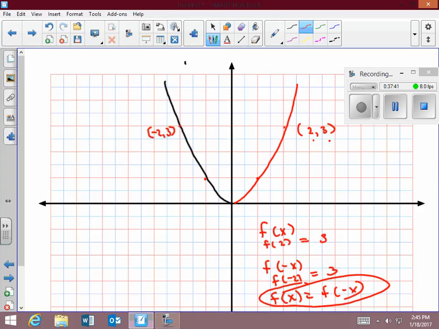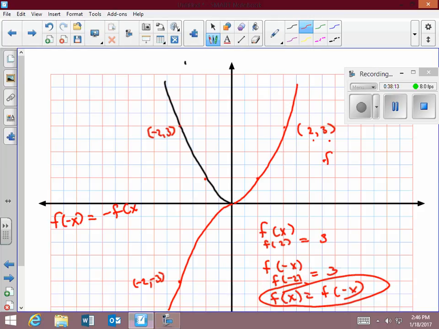Now, if it's symmetric to the origin, then what you have is a minus 2, minus 3. So you see that if you do f of minus x, it should equal minus f of x.